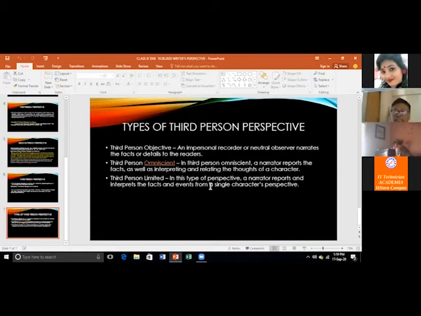In the case of third person objective, the readers will find that an impersonal recorder or neutral observer narrates the facts or details to the readers. That means the narrator will only describe the facts, nothing about the thoughts and feelings of a character.